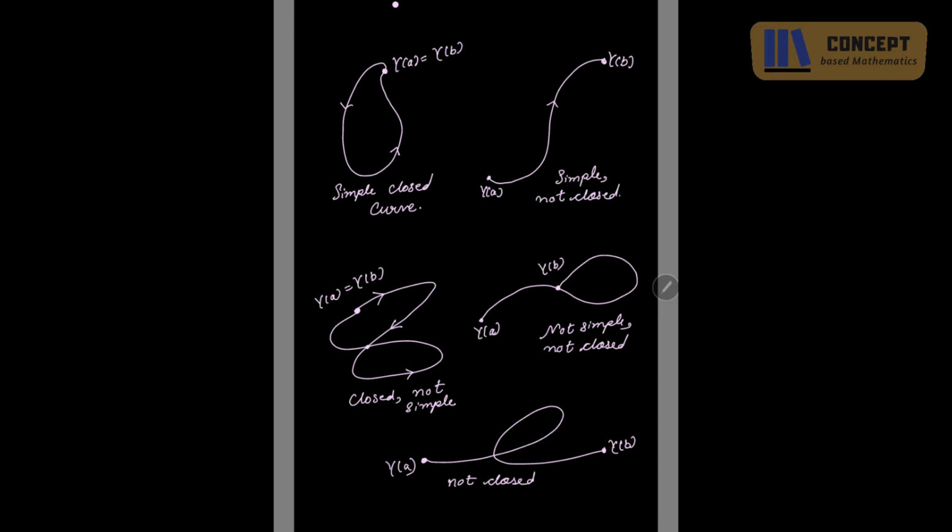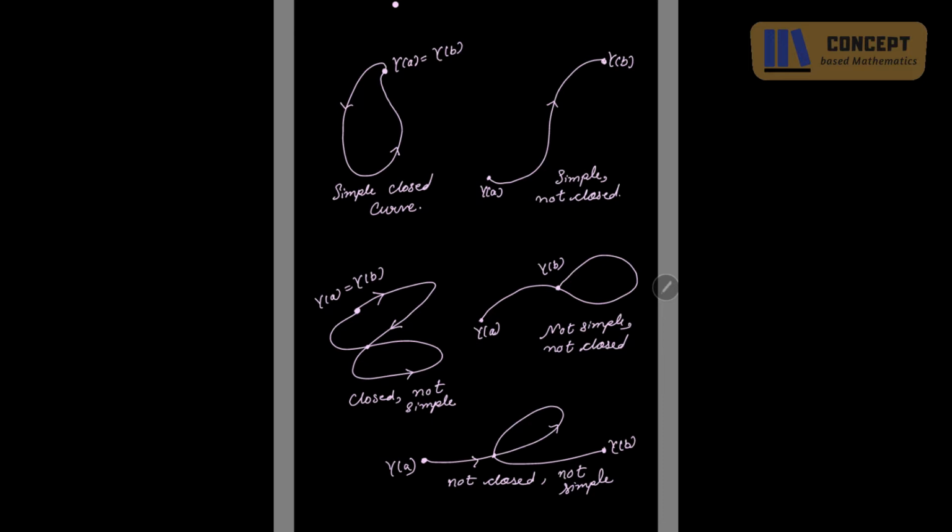Not at all, because this curve also intersects over this point. So this is also not simple. Clear? So every simple closed curve you see separates the two domains, the interior and the exterior one.